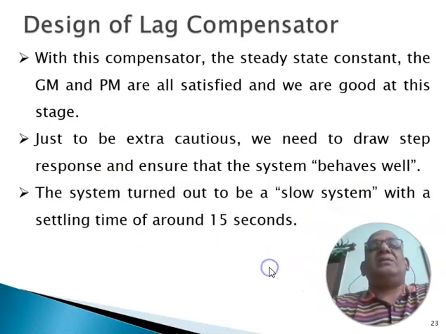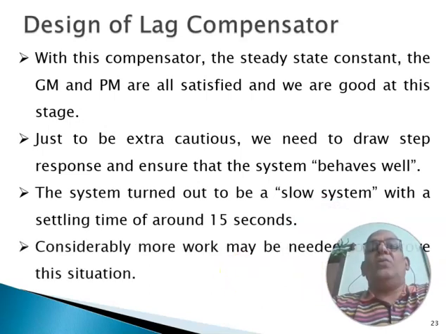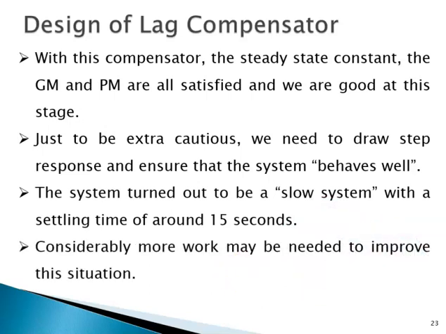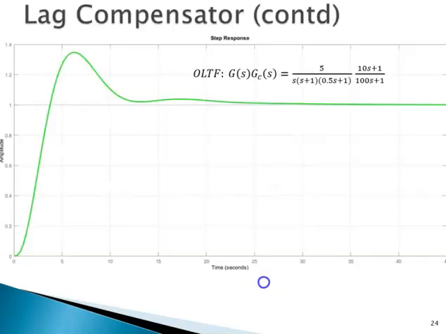We will see that the system is very slow, with a settling time of around 15 seconds, and we need to do considerably more work to improve this situation. This I'm leaving. As I told you, you don't have to do it in your examination. You see that it is coming within the 2% tolerance band, somewhere at 15 or 18 seconds, which is very slow.